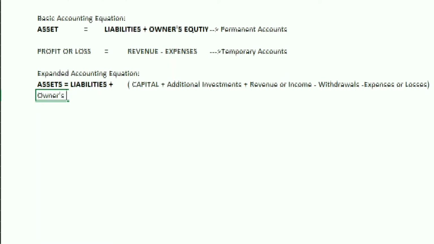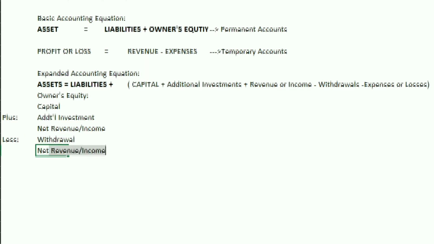So, ang nakapaloob kay owner's equity accounts is capital plus additional investment plus revenue, pwedeng net revenue or income, less withdrawal or net loss or expenses.